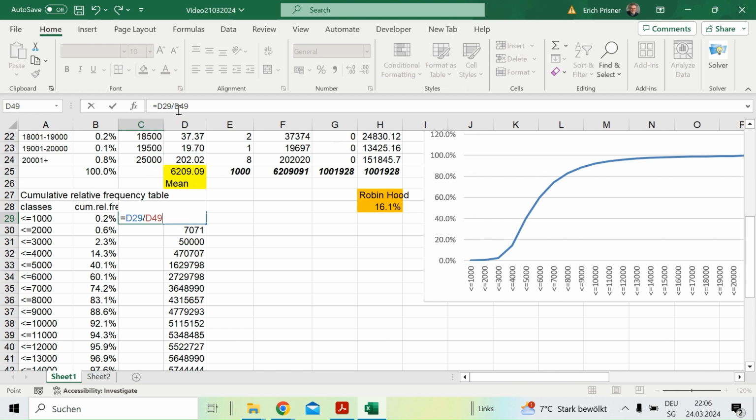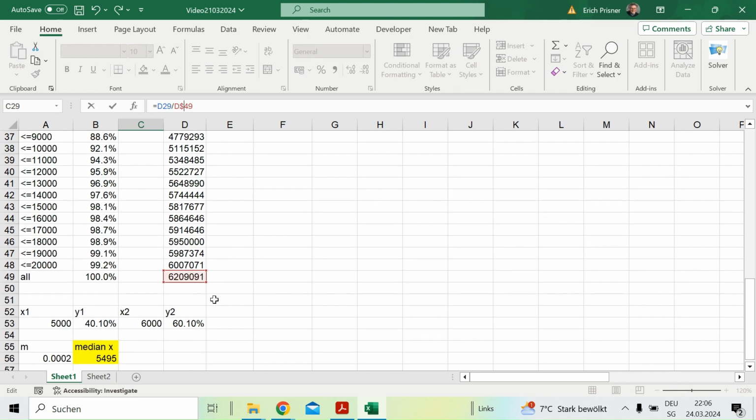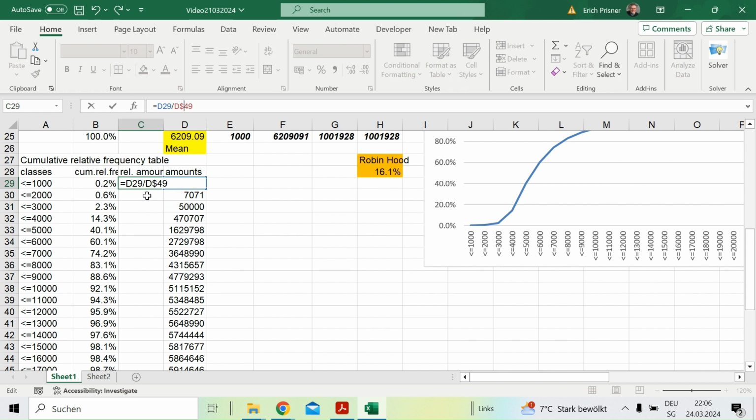Keep in mind, I need the dollar sign again in front of the 49, because if I drag down this formula, with absolute referencing, which was mentioned in video number 4, it should always be divided by D49, because there's nothing below D49. You see other stuff, but nothing relevant for our case. But the D29, of course, should move into D30, D31 if you drag it down.